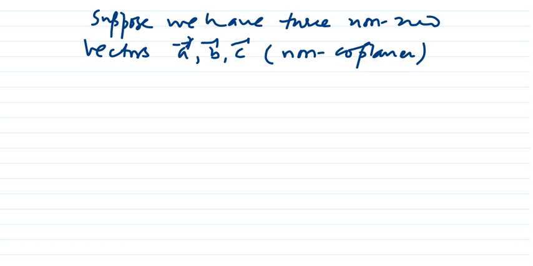If these are non-coplanar, it means their scalar triple product is not equal to 0.